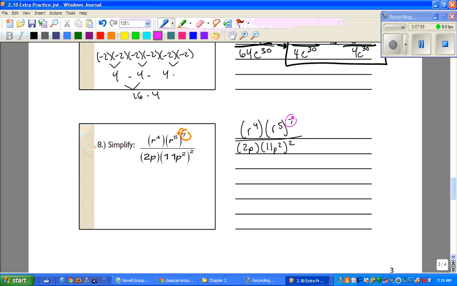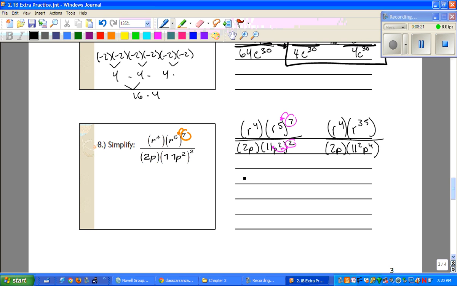Okay? So the 7 only goes to the 5, and on the bottom, the 2 goes only to that guy. So we're left with r to the 4th, r to the 35th. The 2p stays the same, 11 squared, p to the 4th.